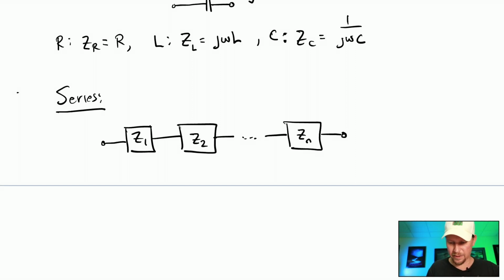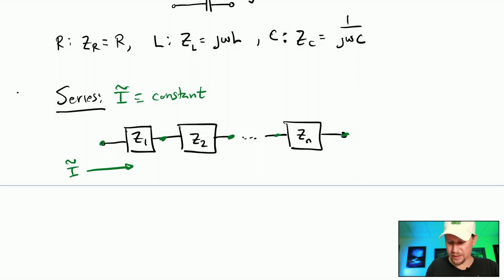So if we have a set of inductors like this, notice that there are quite a number of nodes here. If there is a phasor current flowing through one of them, that same phasor current is going to flow through all of them. So what defines these impedances in series is that the phasor current flowing through all of them is constant.